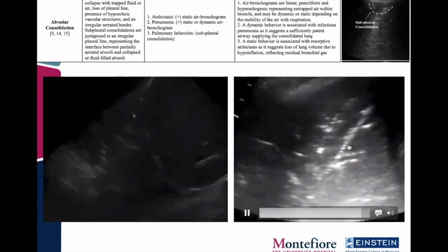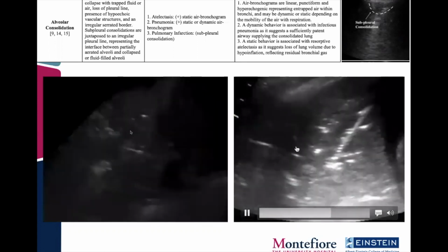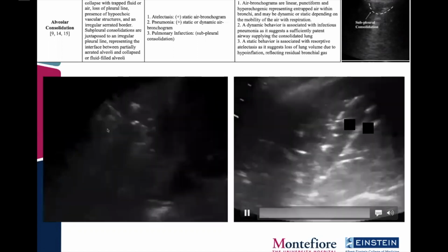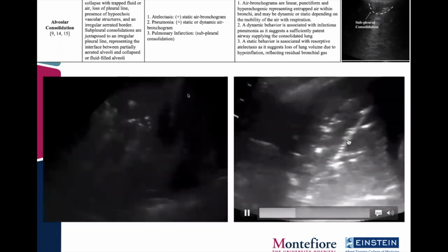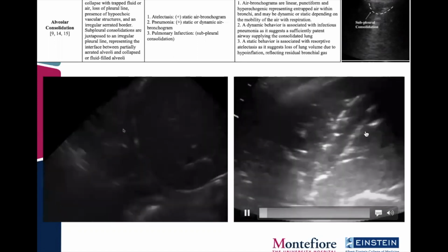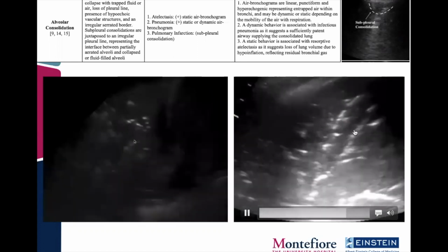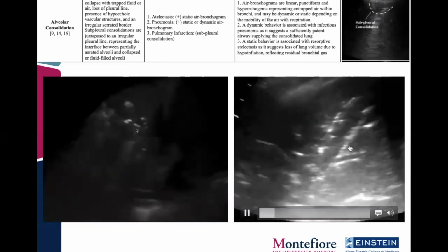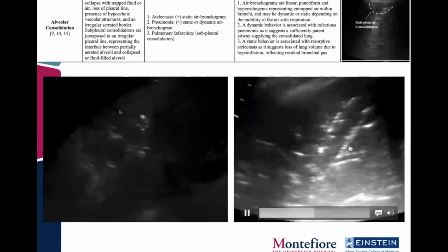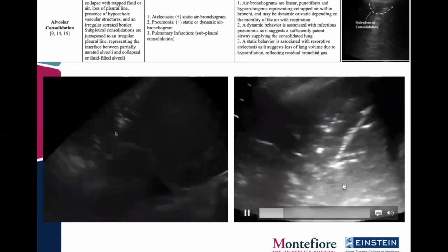We see that with respiration, and independent of the lung moving as a whole, these air bronchograms are dynamic and moving independently within the airway. It's believed that these are here because the airway is sufficiently patent to allow air to move through this airway along a consolidated lung.